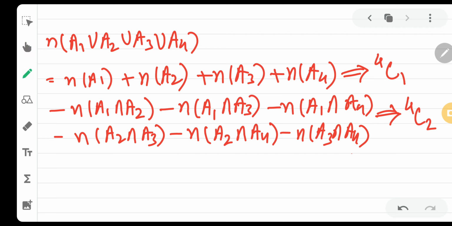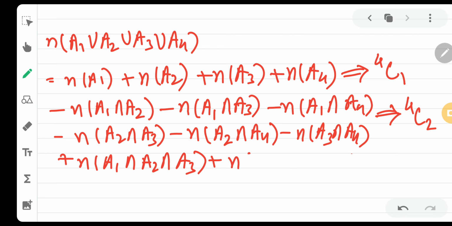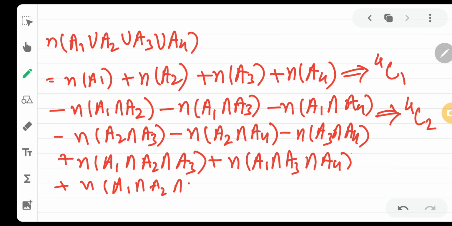Now we will take 3 at a time but with a plus sign. So 3 at a time is very easy. Number of A1 intersection A2 intersection A3 plus number of A1 intersection A3 intersection A4 plus number of A1 intersection A2 intersection A4 plus number of A2 intersection A3 intersection A4.